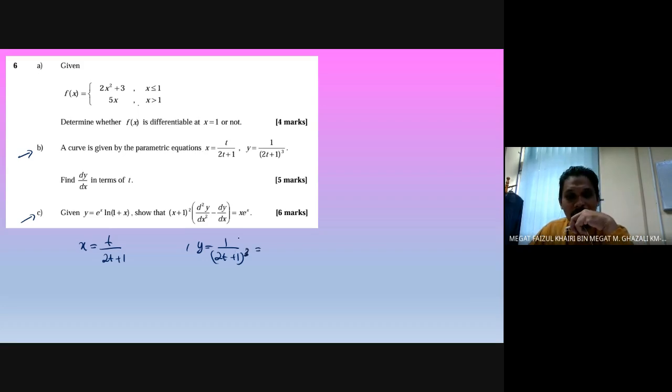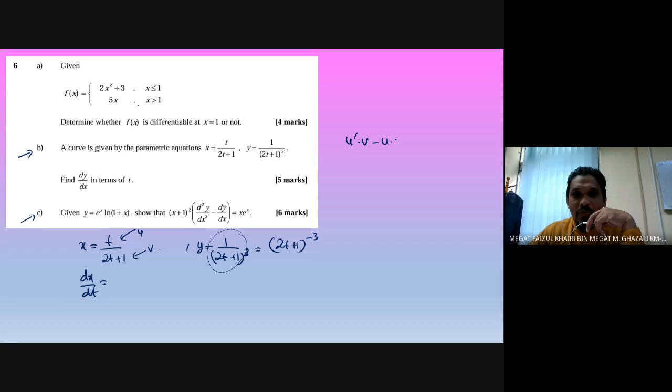Okay, class, for this I prefer to write it in this form: (2t plus 1) to the power of negative 3. Okay, so then dx/dt equals, for this we get u and v here. So it's a fraction, or divide, so it's u prime v minus u v prime, divided by v squared.